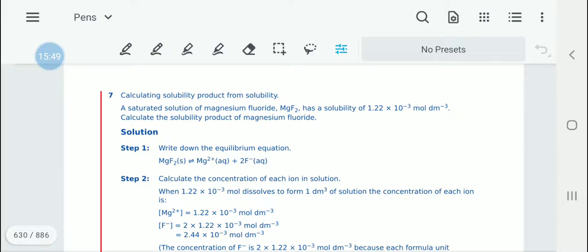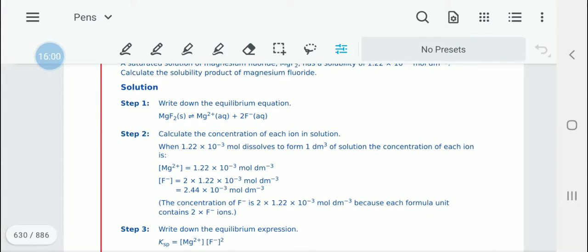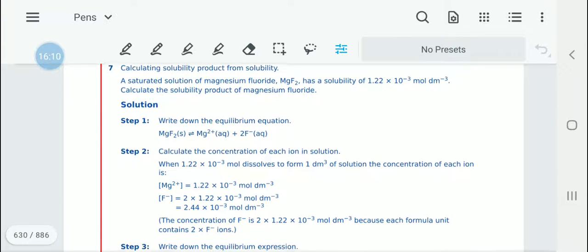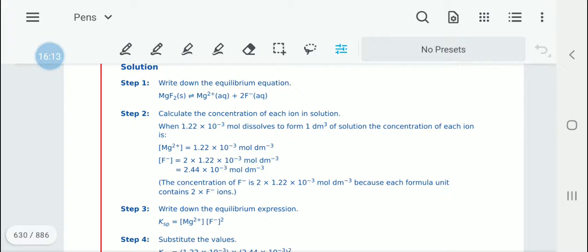A saturated solution of magnesium fluoride MgF2 has a solubility of 1.22 × 10^-3 mole per cubic decimeter. Calculate the solubility product of magnesium fluoride. So what we do is we write down the equilibrium equation: MgF2 solid, Mg2+ aqueous, 2F- aqueous. Then we find the concentration of each ion. When 1.22 × 10^-3 moles dissolve per cubic decimeter of solution, Mg2+ is going to be 1.22 × 10^-3 because 1 mole would be produced.